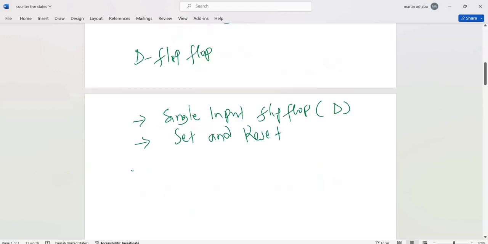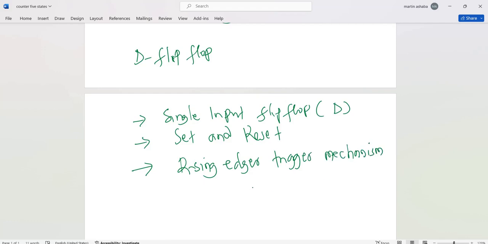Then we are also going to use a rising edge trigger mechanism. By a rising edge trigger mechanism, we mean that the signal supplied at the clock is going to have high and low, high and low, high and low.